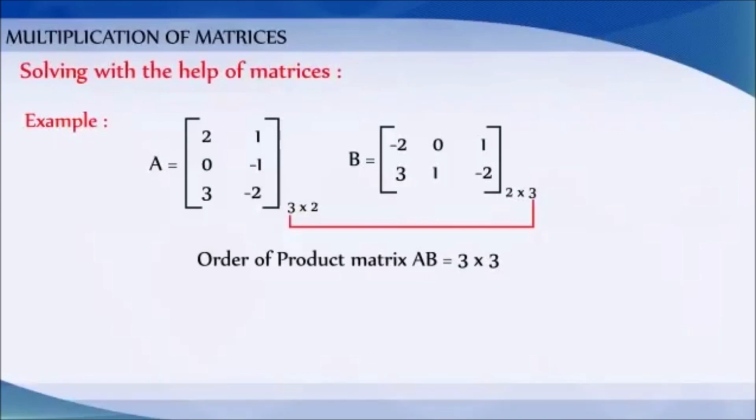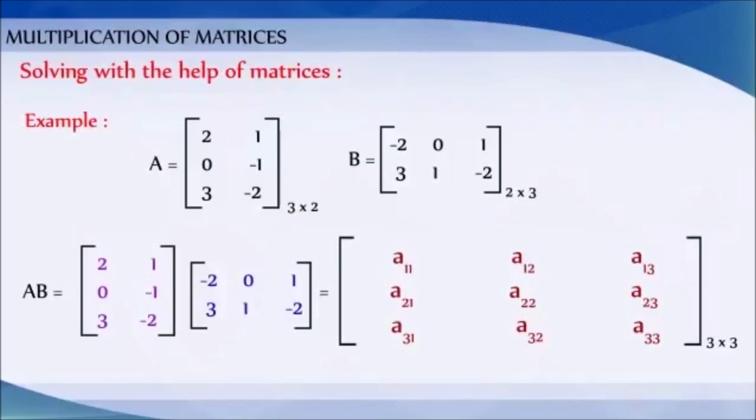To get the element a11 of the product matrix AB, we multiply each element in the first row of the A matrix with each element in the first column of the B matrix and add the results. Therefore, a11 of the product matrix is -1.